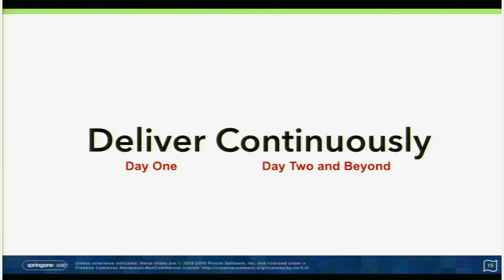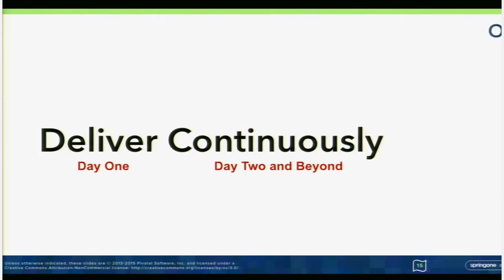Deliver continuously. It's not enough to deploy something. Deploying something is just day one. You have to deploy again and again and again and again. And when you do that, you can't break stuff. And that's day 2 and day 3 and day 4 and so on.